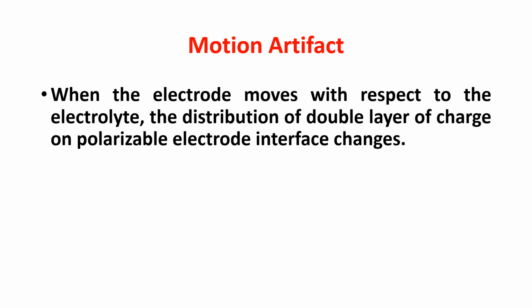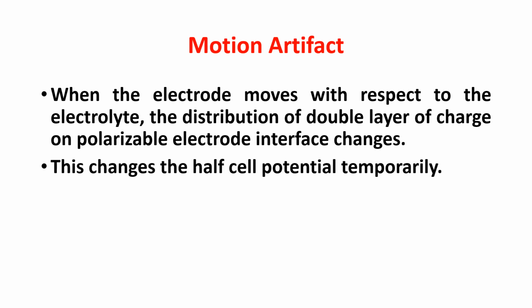Motion artifact. When the electrode moves with respect to the electrolyte, the distribution of the double layer of charge on the polarizable electrode interface changes. This changes the half cell potential temporarily.